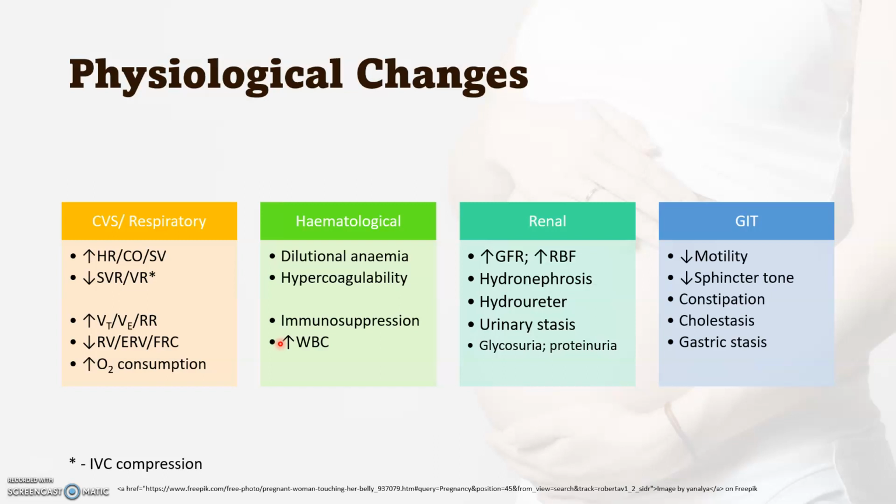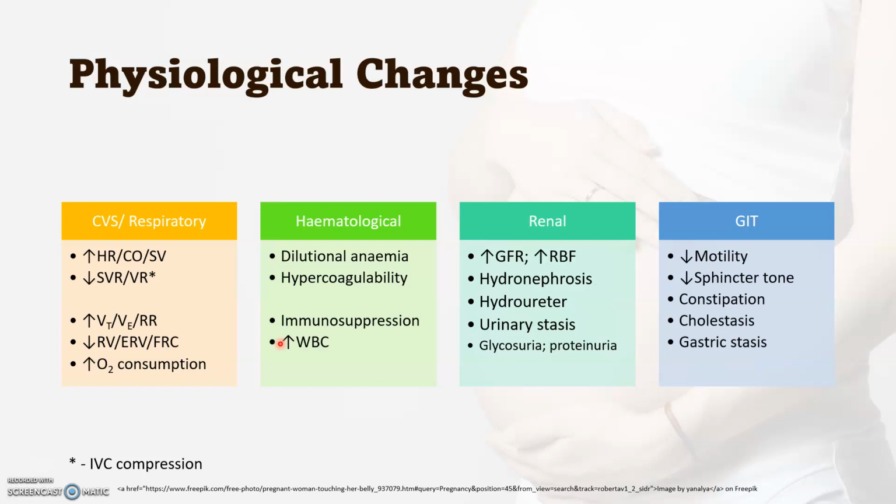Pregnant women have a dilutional anemia due to an increase in both red blood cell volume and serum volume, but the increase in serum volume is greater than the increase in red blood cell volume. They tend to have a hypercoagulable state and a degree of immunosuppression, really, so that they don't reject the baby, and this is due to an increase in their cortisol levels and other changes in the immune system.